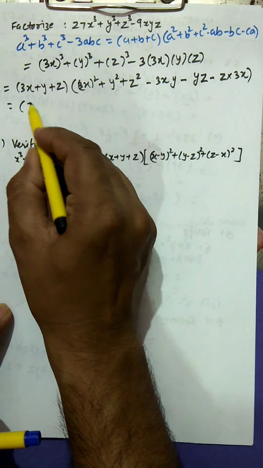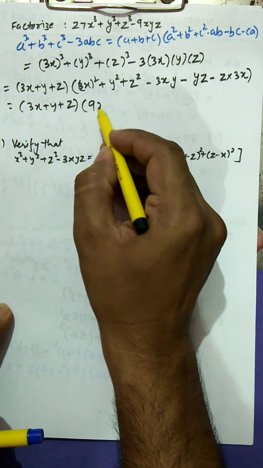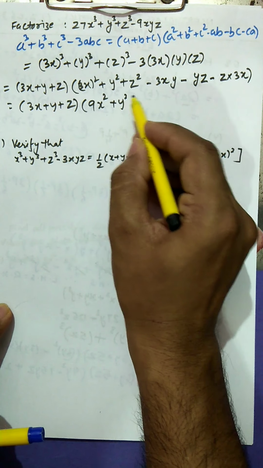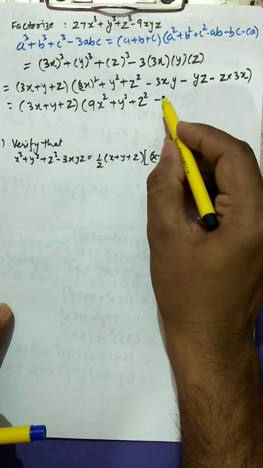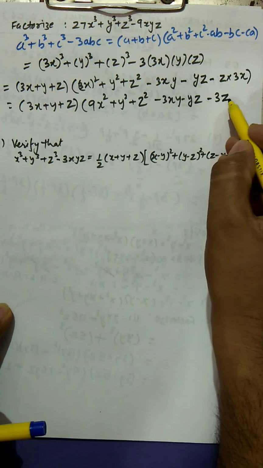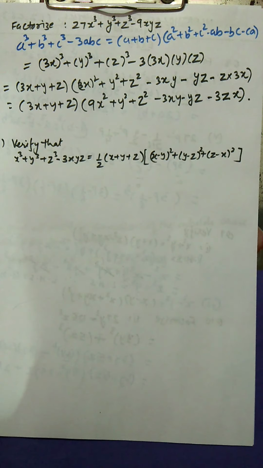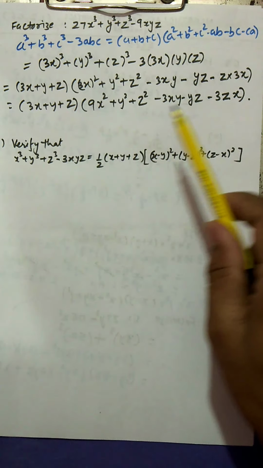So you simplify this: 3x plus y plus z, and this bracket will become 9x square, y square, z square, minus 3xy, minus yz, and minus 3zx. So this is what you have found, and that is the factorized form. So do not try to factorize this further, because this is fine.